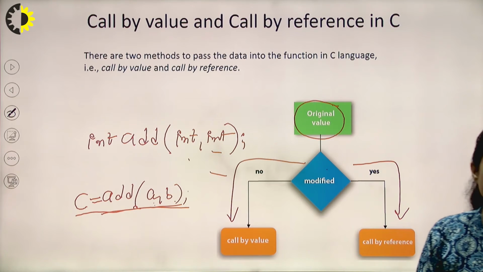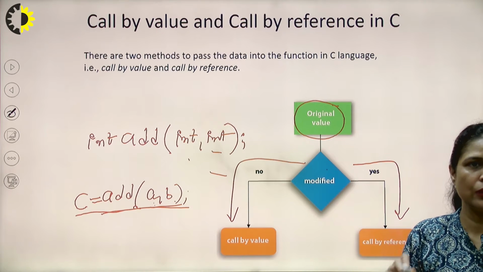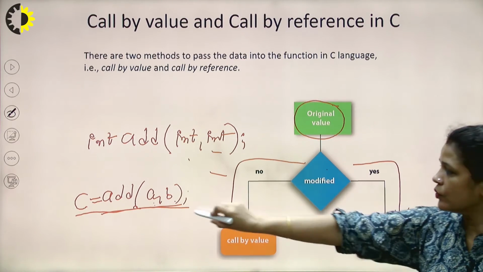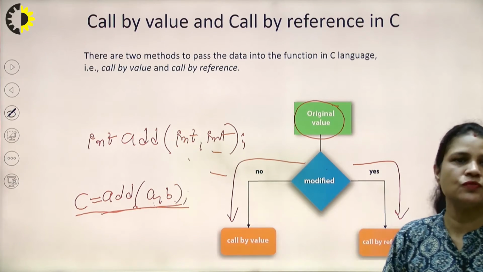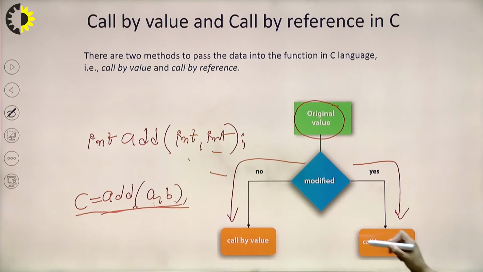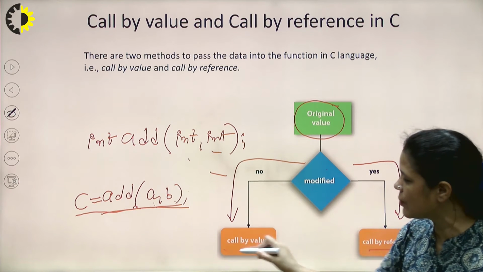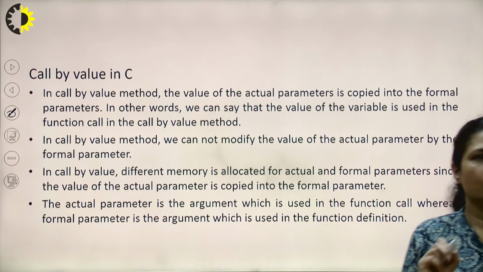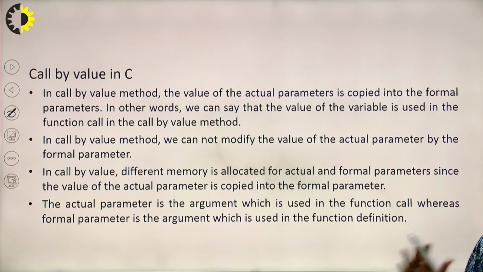So the basic difference is that the actual parameters which we are passing will be modified in call by reference, but not in call by value. How it happens? Let's understand call by value in C.